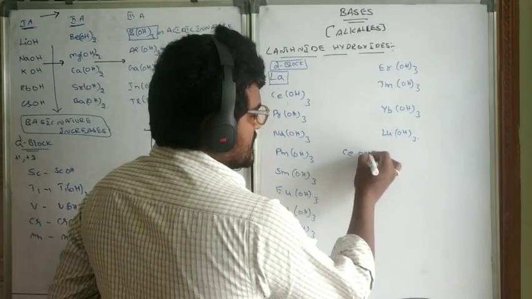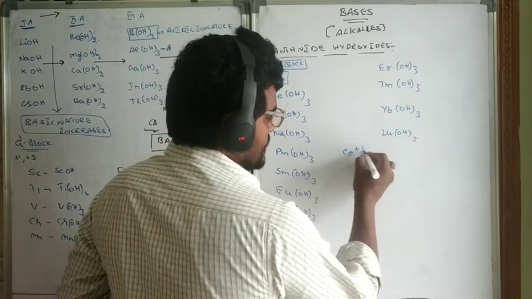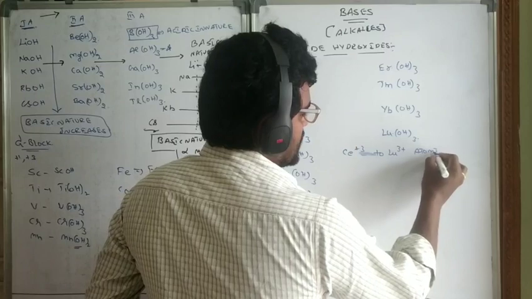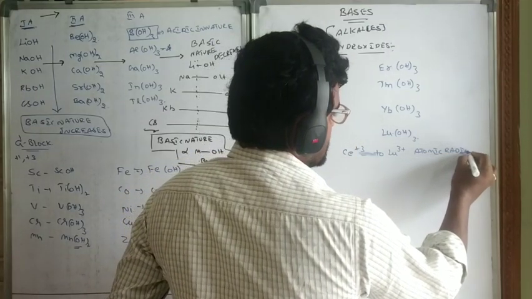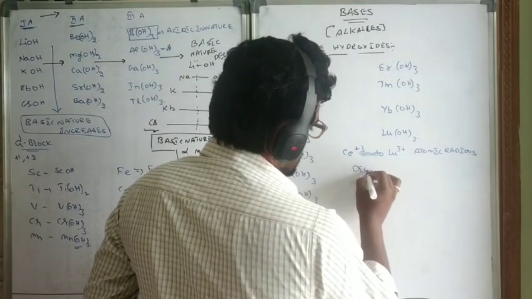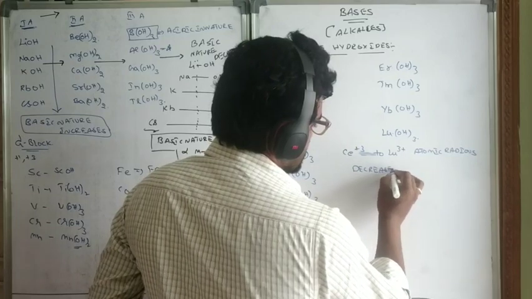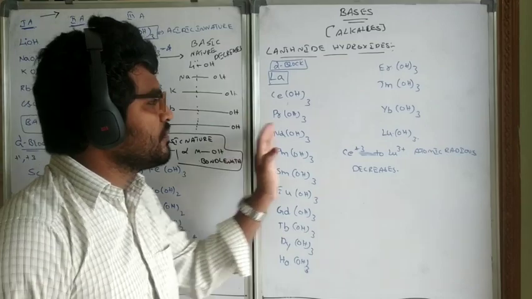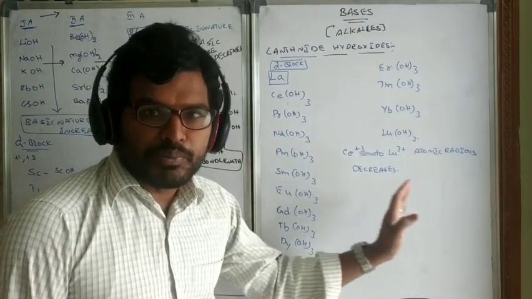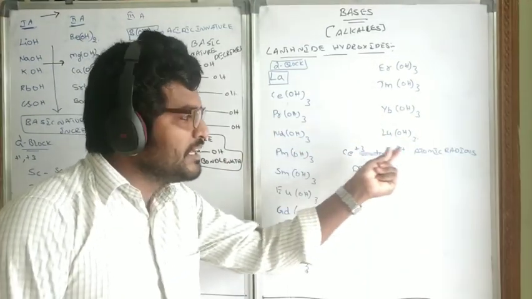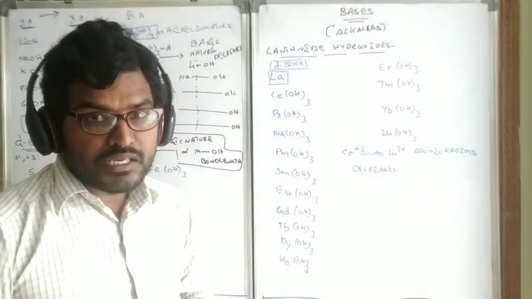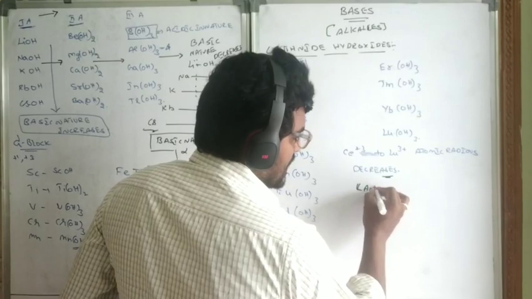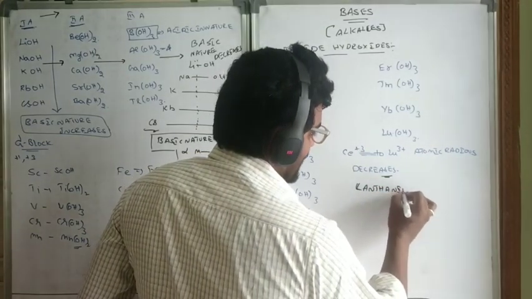From cerium to lutetium 3+, the atomic radius decreases. As you move from left to right across a period, the radius of the element gradually decreases, and this decrease is because of lanthanide contraction.